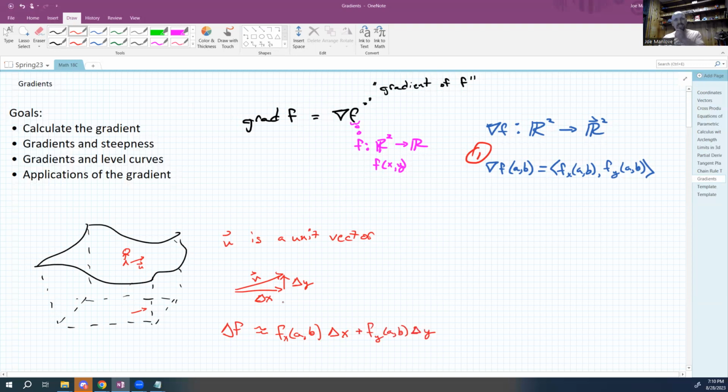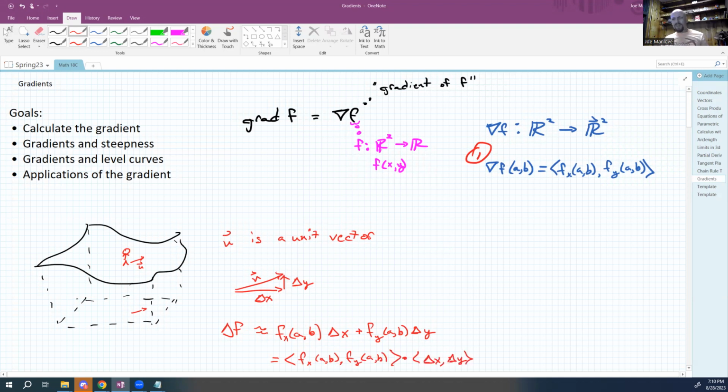Well, change in x and change in y are kind of unity. Maybe I could rewrite this. I could say, well, it's fx at (a, b), comma, fy at (a, b), and then I'm dot producting with some vector that's change in x, comma, change in y.